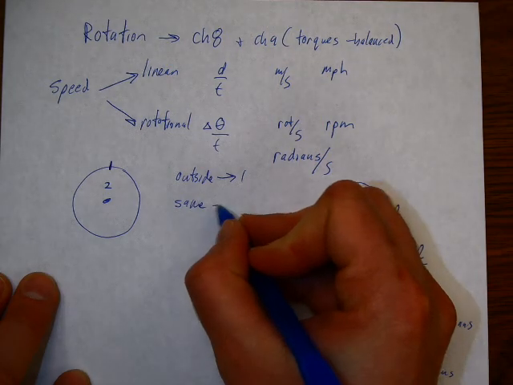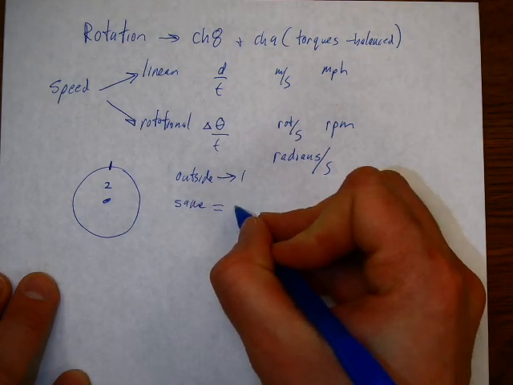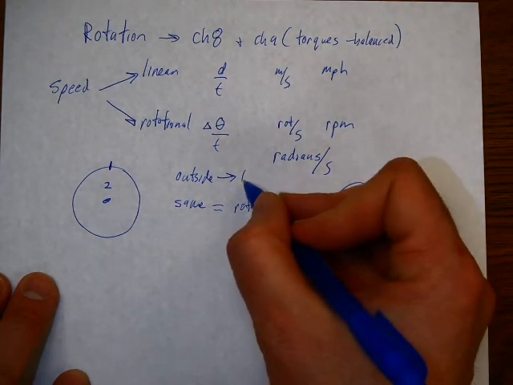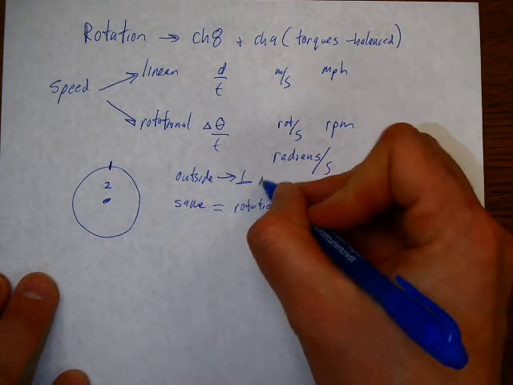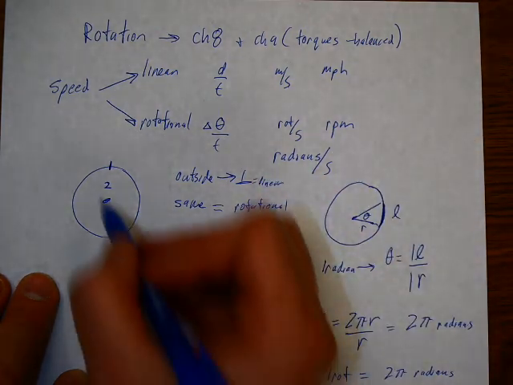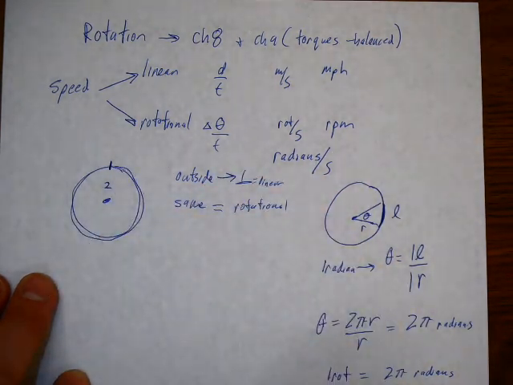They're the same if we're talking about rotational speed, because they're making the same number of rotations a second. The number 1 is greater if you're talking about linear speed, because now you're saying it's doing a bigger circle in the same amount of time.